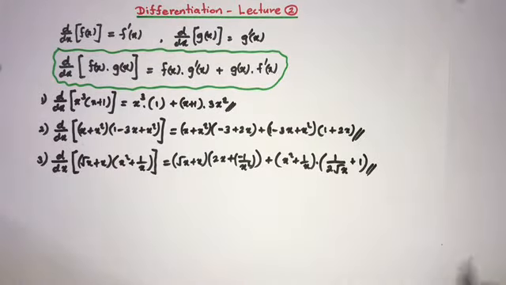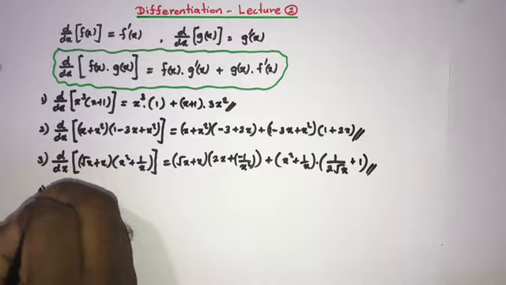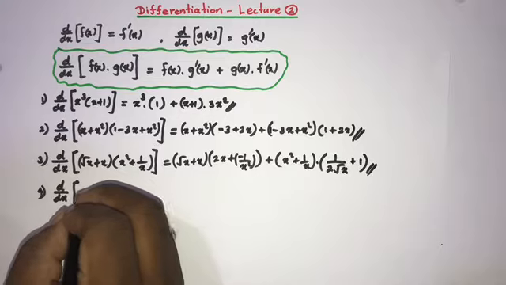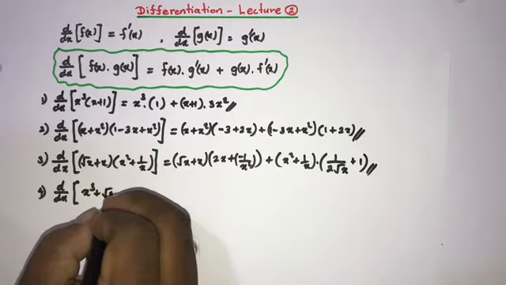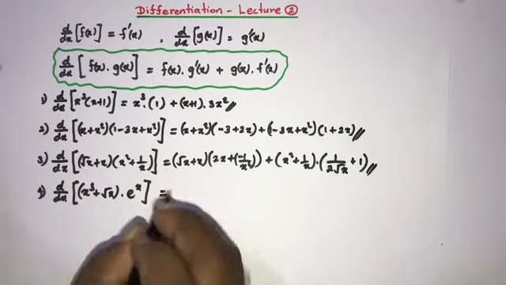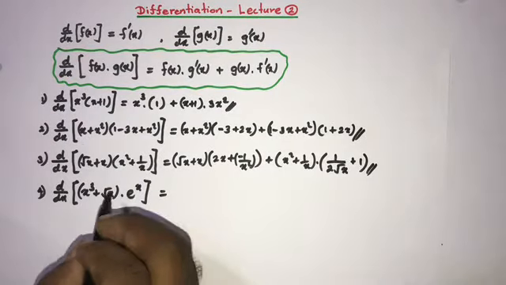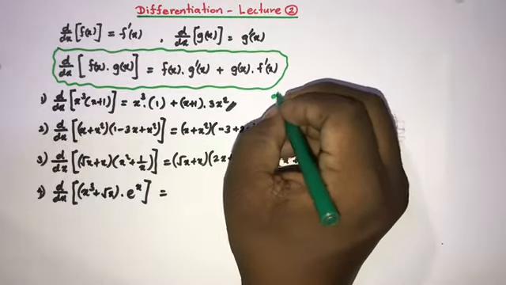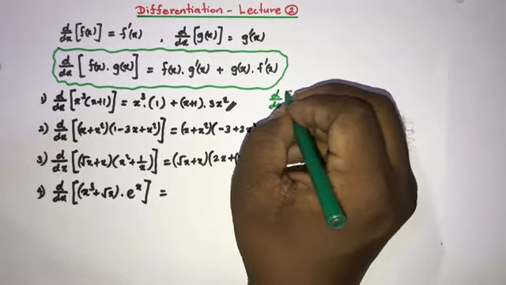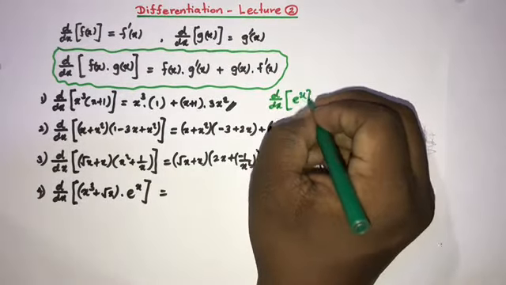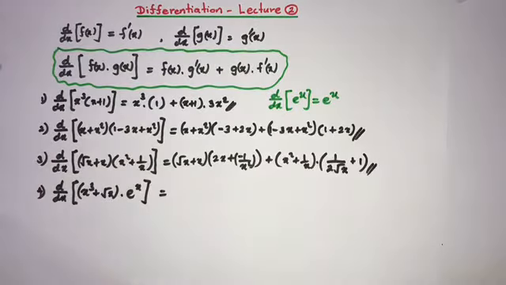So if we take another example, d by dx, the derivative of x cube plus square root of x times e to the x. We didn't talk about the derivative of e to the x yet. We will talk about it in detail, but we know the derivative of e to the x is e to the x, the same function.